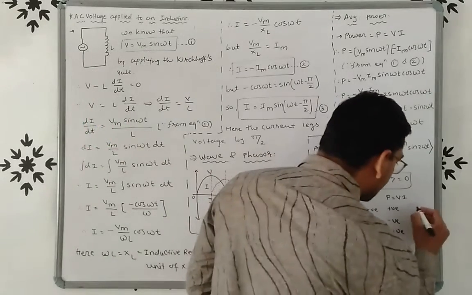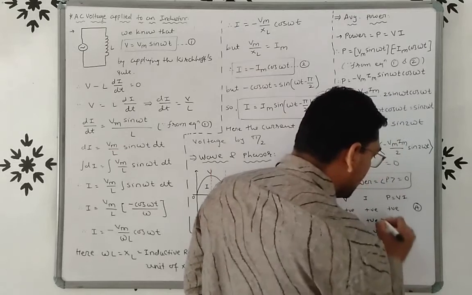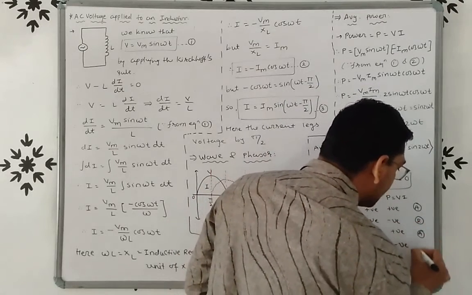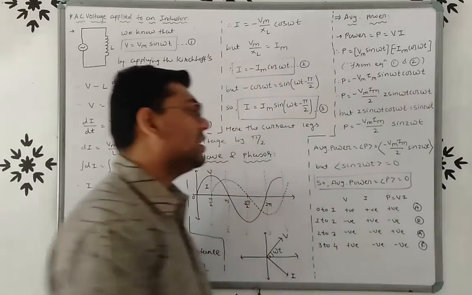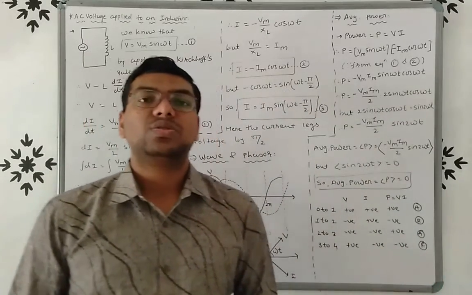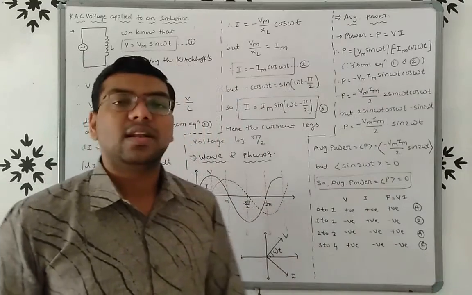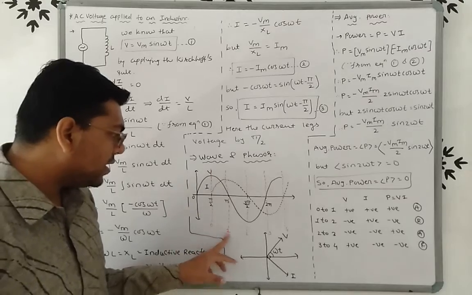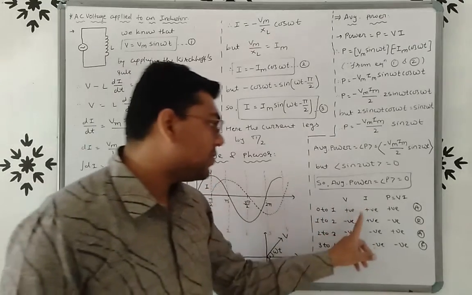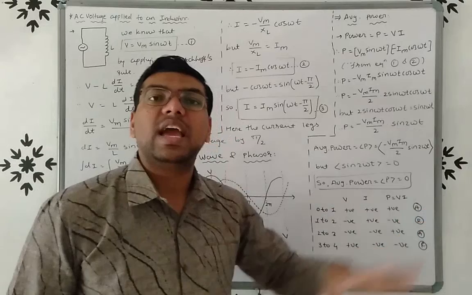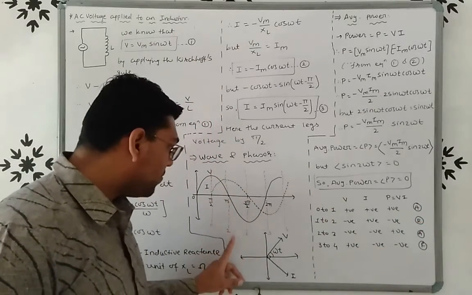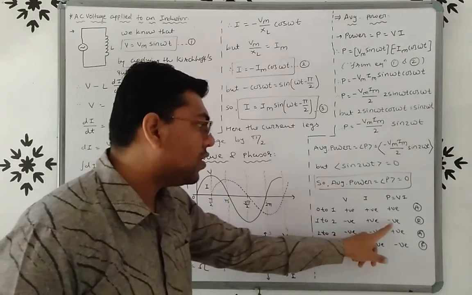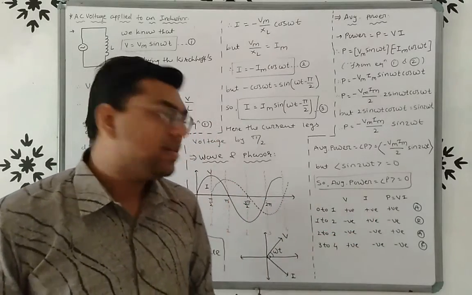So in the first case, energy is absorbed. In the second case, energy is returned. In the third case, energy is absorbed. And in the fourth case, energy is returned to the source. So this is the cycle, right? Once again friends, from 0 to 1, voltage and current positive, product positive, so energy absorbed by the source. From 1 to 2, voltage negative, current positive, so product negative, so energy returned.